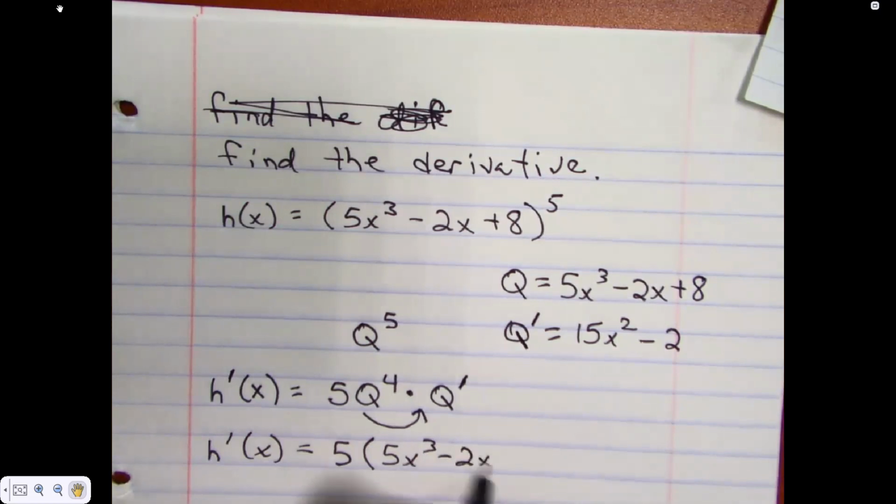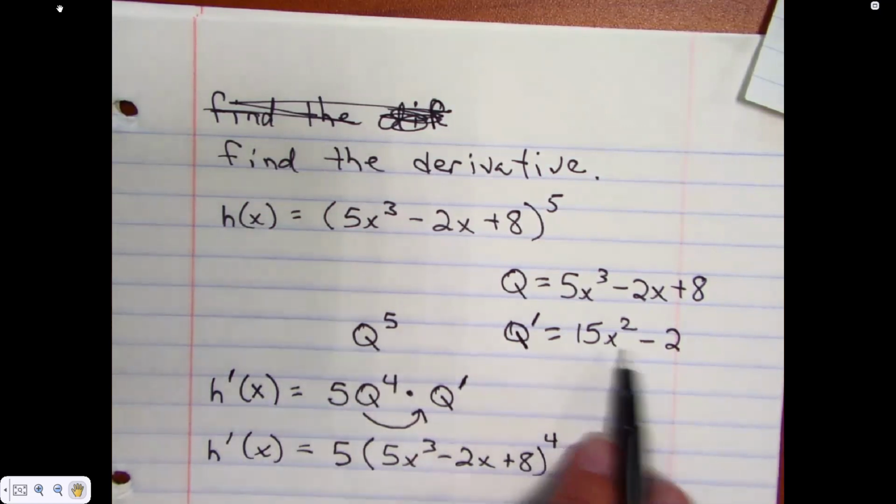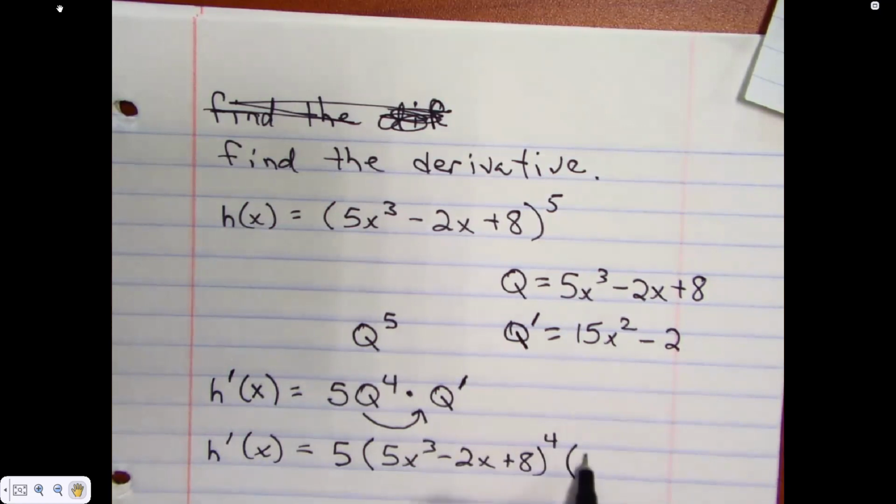Don't forget this exponent of 4. And then times this, you want to put that in parentheses as well. 15x squared minus 2. You don't have to take its derivative. There is a time when you have to do that, but not in this situation.